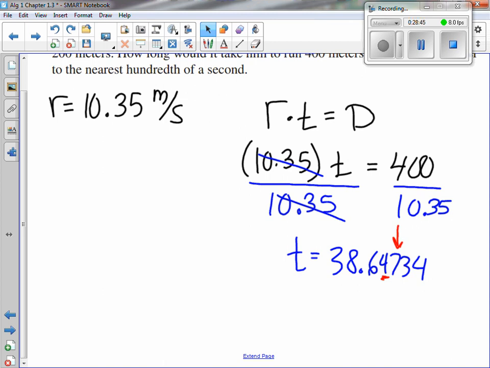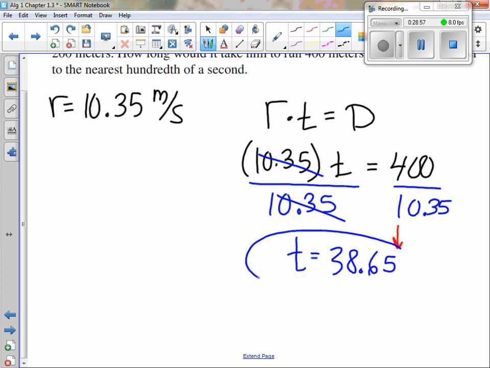Since it's a 7, we round up, because 5 or above, we round up. So instead of a 4, it is now a 5. So it'll take him approximately 38.65 seconds to run the 400 meter race.